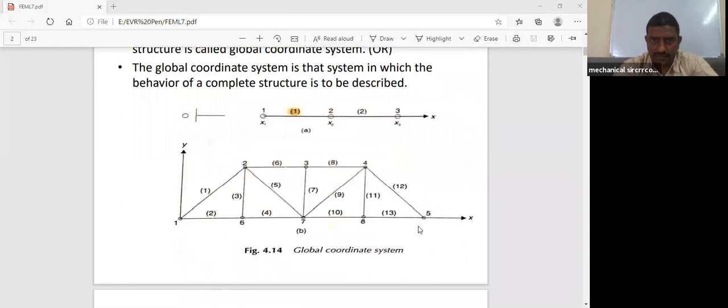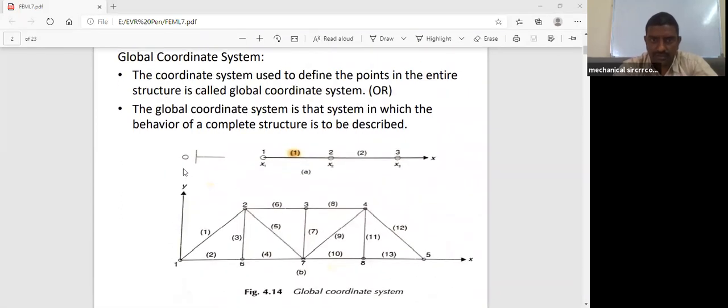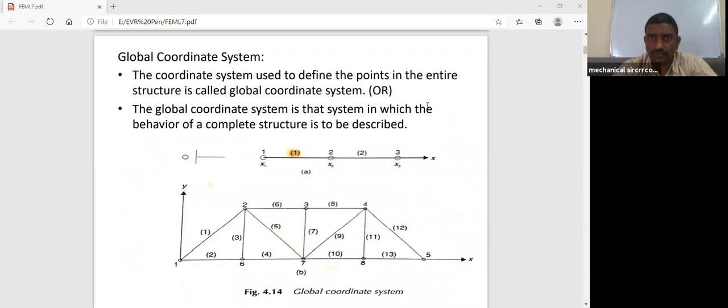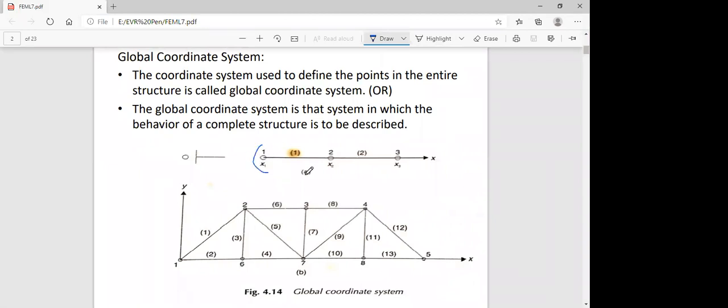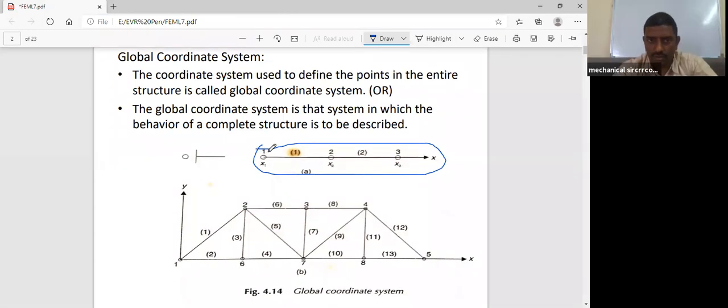So we can describe it. For example, this is one problem domain, which is placed along the global coordinate x-axis. This one-dimensional problem domain is placed along the x-axis, and this x-axis is known as the global coordinate x-axis.